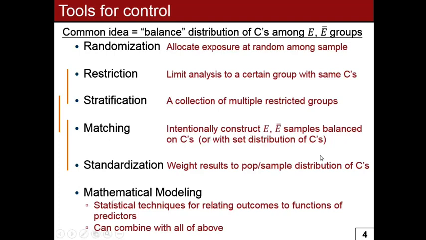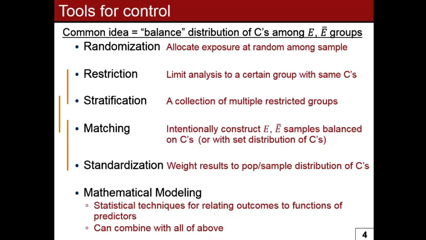This was the idea that you intentionally construct your exposed and your unexposed, or your diseased and not diseased if it's a case control study. You intentionally construct these matched samples that are balanced on the covariates. Okay, so you are playing God, recruiting your people to have exactly the same covariate distributions so that you won't have confounding.